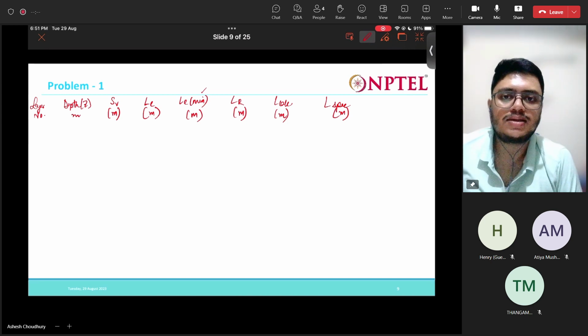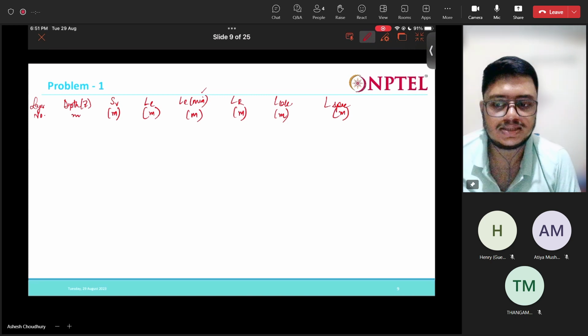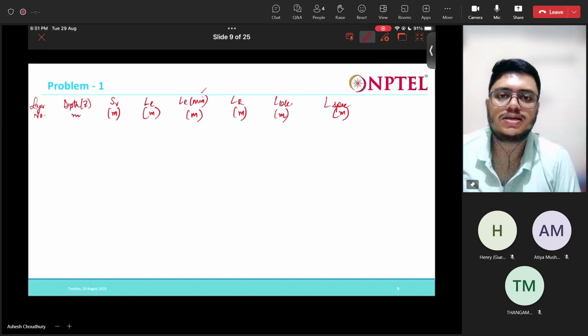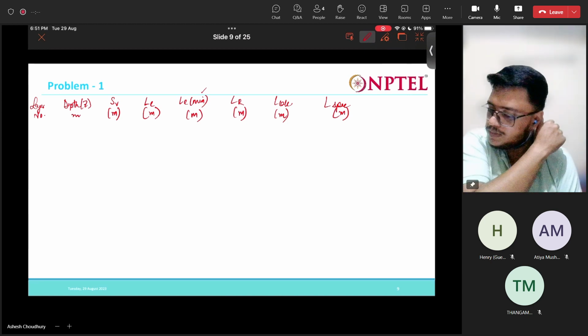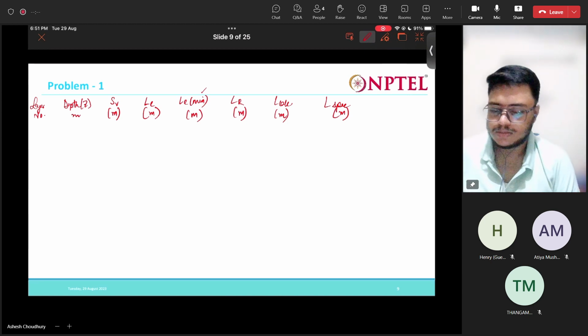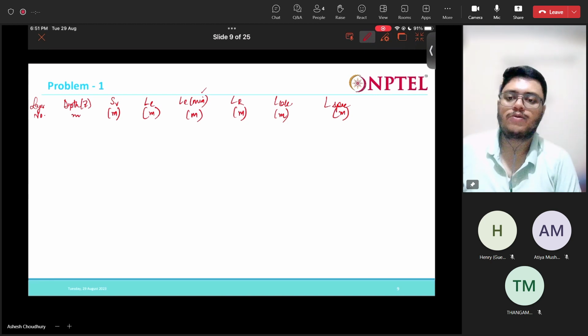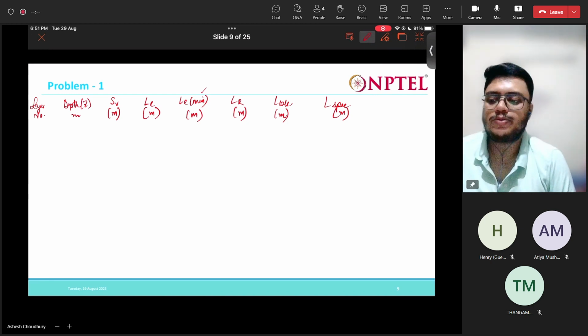I know the answer. This has been discussed in the lectures. As per codal provisions, what is the minimum embedment length that we should provide?